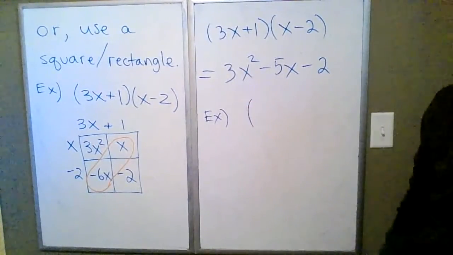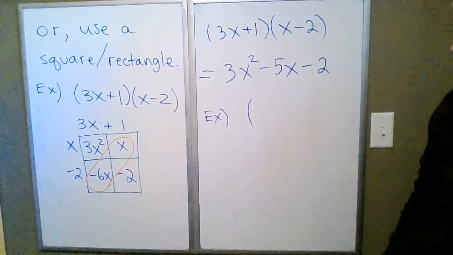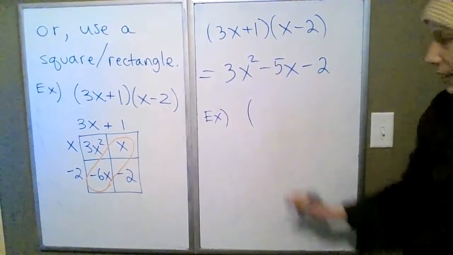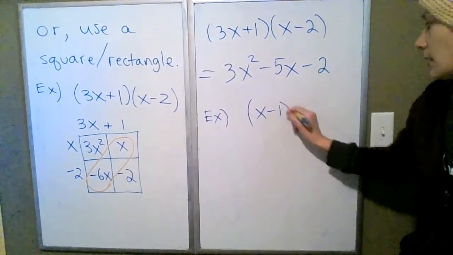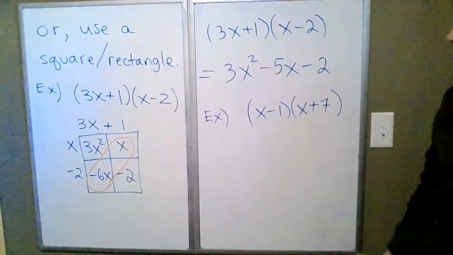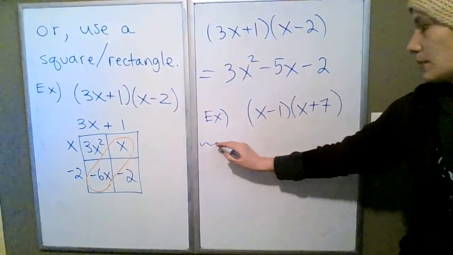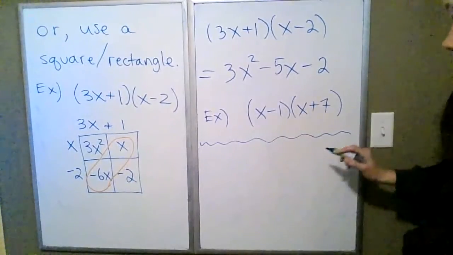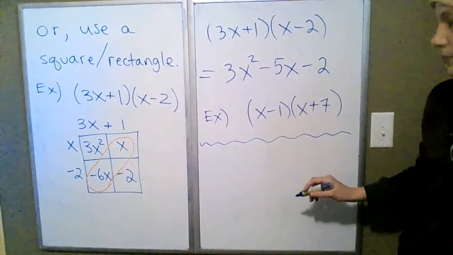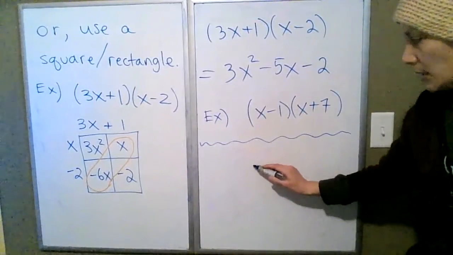Let's do x minus 1 times x plus 7. Yeah, I think we can make it work. Let's put the square.